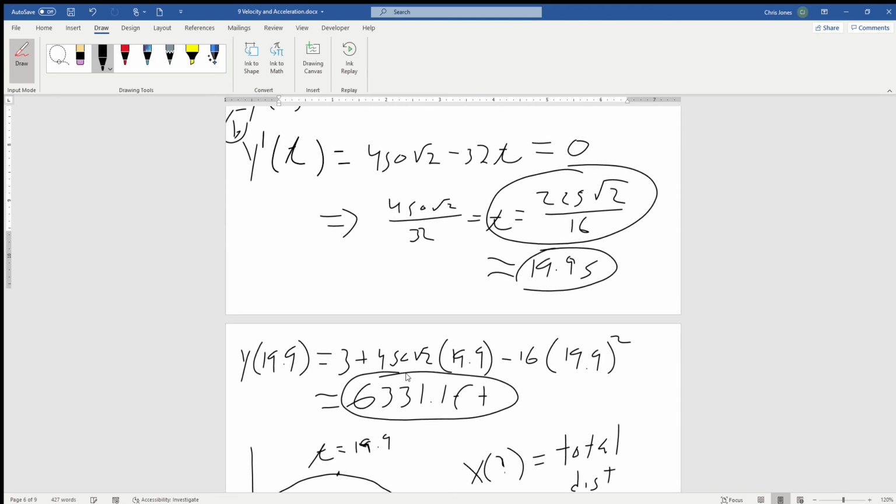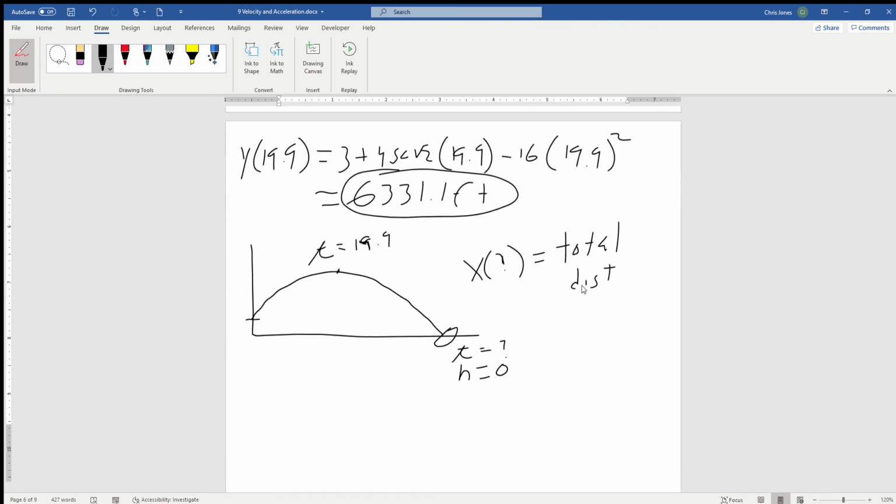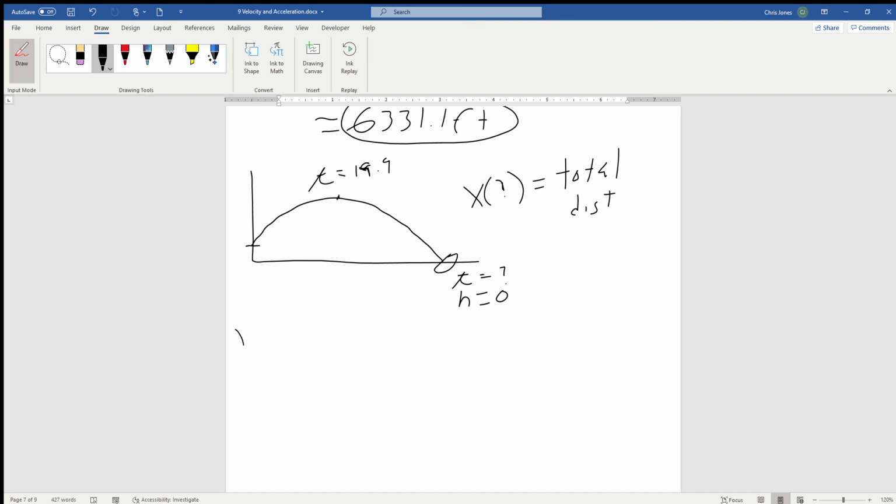And so what we're going to do is go up here and set this function equal to 0 and solve. So I'm going to set y of t equal to 0, which is equal to 3 plus 450 root 2t minus 16t squared.